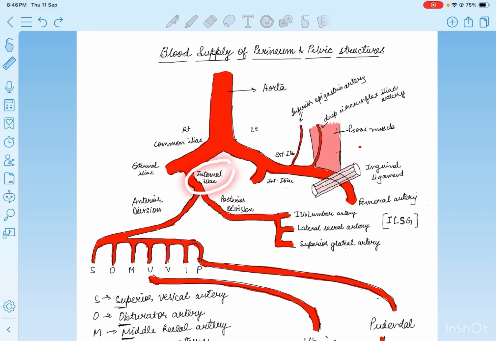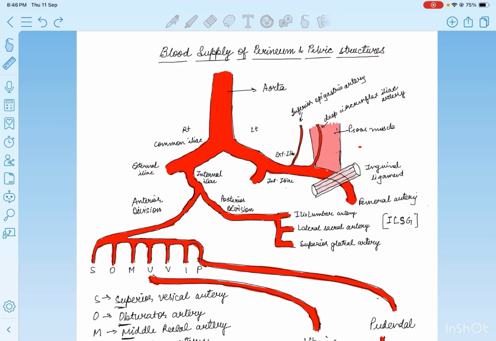But before going into the internal iliac artery, we must learn what happens to the external iliac. Now the external iliac arises from the bifurcation of the common iliac. It proceeds along the medial border of the psoas muscle and exits the pelvis inferior and posterior to the inguinal ligament.